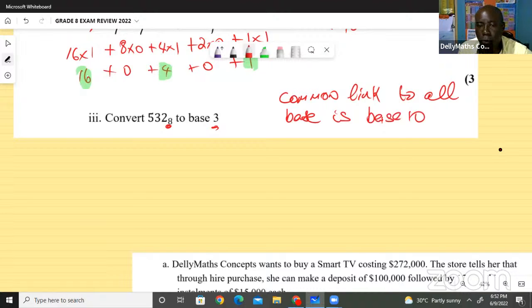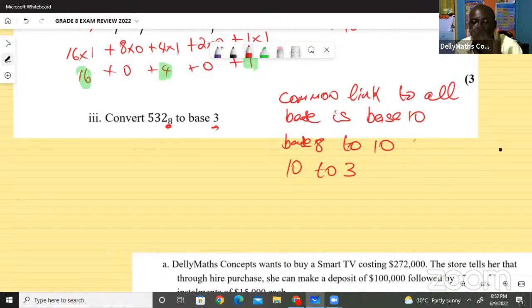So you're going to have to move from base 8 to 10, then you move from 10 to 3. Remember, the link is always through 10. So don't think that you can just move from 8 to 3. You can't. You're going to have to move from 8 to 10, and then you move from 10 to 3.